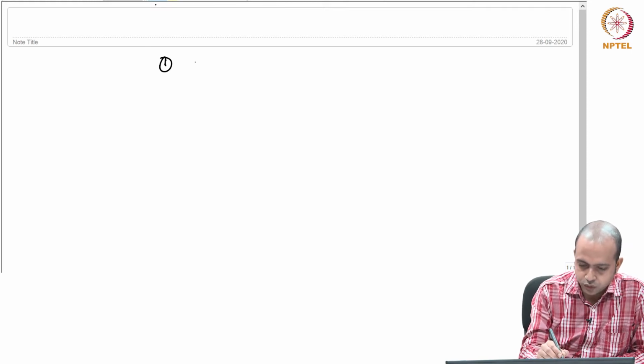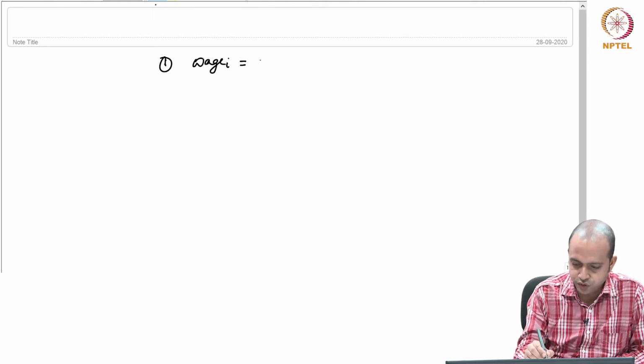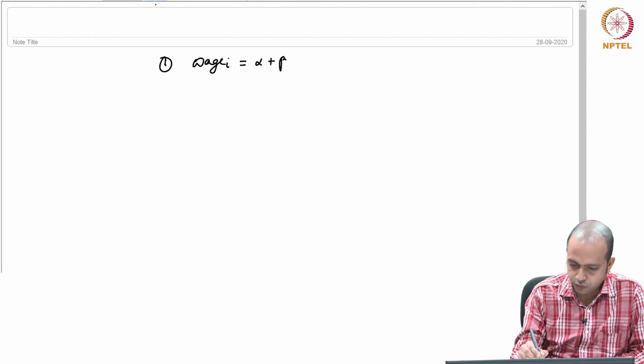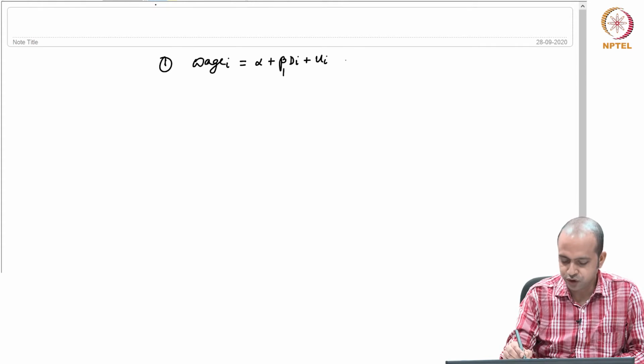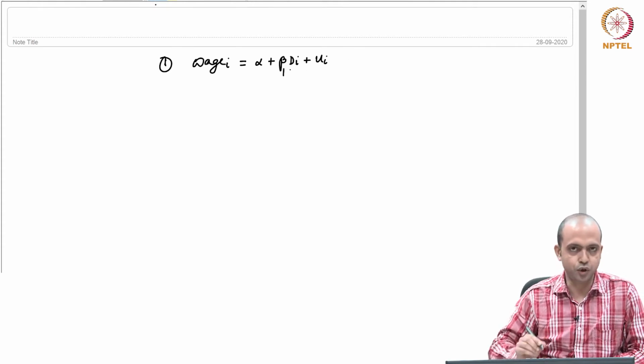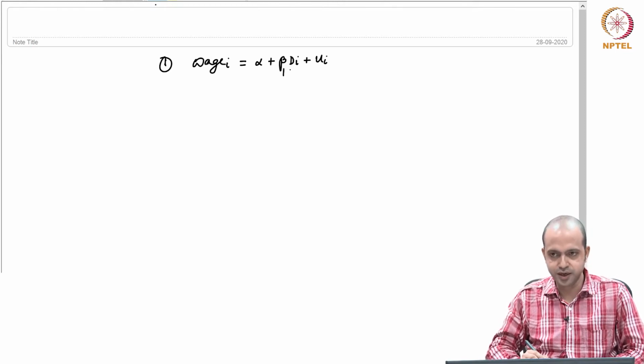Wage of the ith individual was alpha plus beta 1 d_i plus u_i, and this model we called the ANOVA model, since we have only a dummy variable on the right hand side.